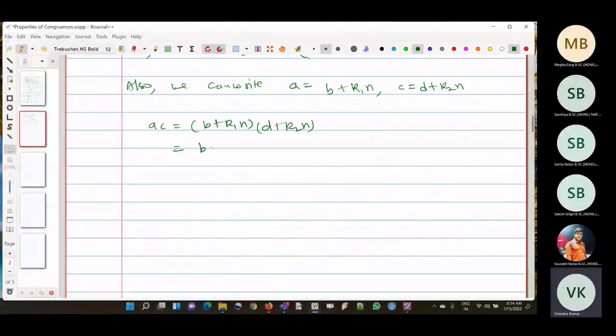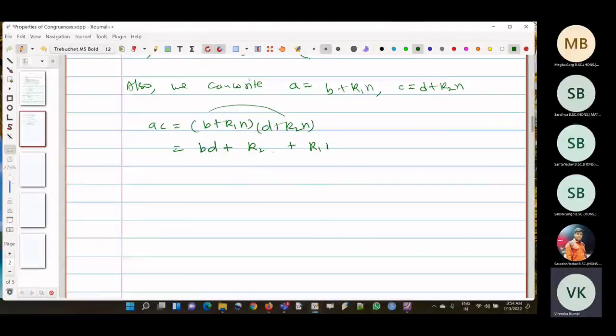The usual multiplication rule we follow. So B times D, and then we have k2 B n plus k1 n D. We multiply this one, so we have B n, not B D. We have B n here.